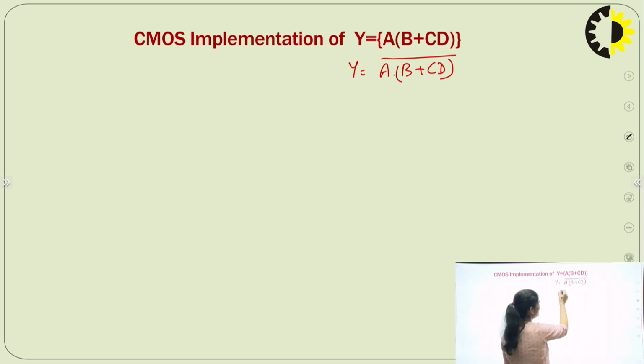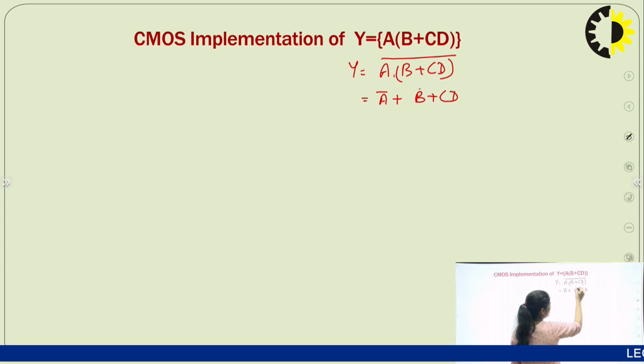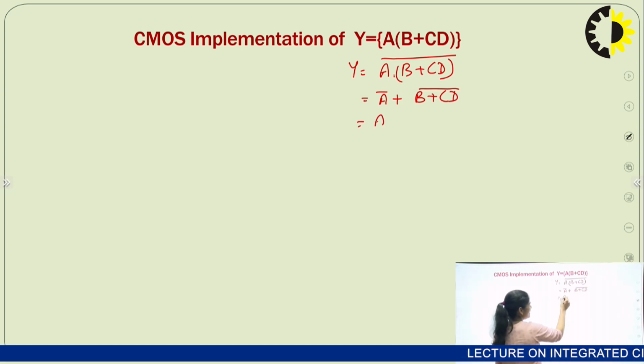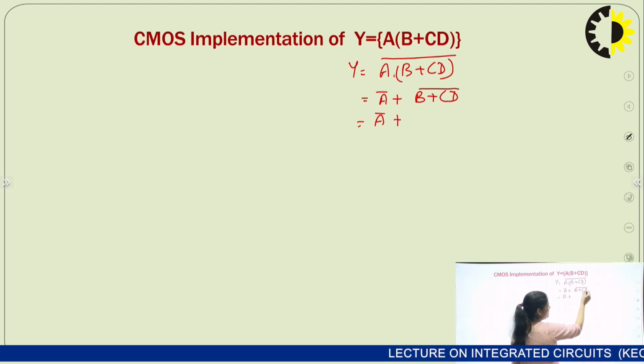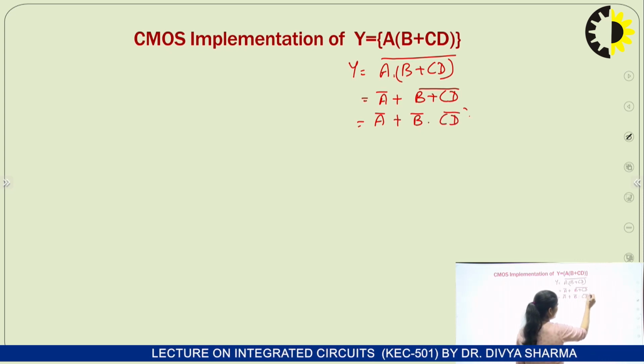So can you solve it? Here this is whole bar. It means apply here De Morgan's theorem. A bar plus (B plus C D) whole bar. Again this is A bar plus (B plus C D) whole bar. It means B bar dot (C D) whole bar.